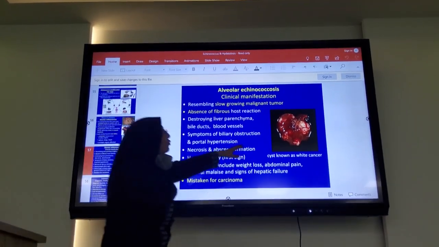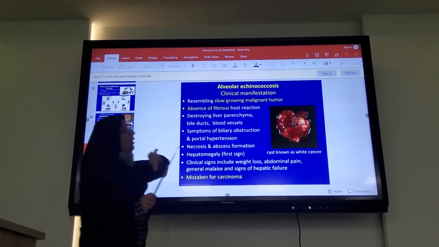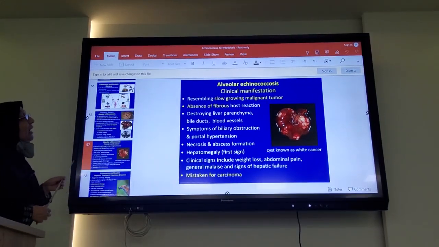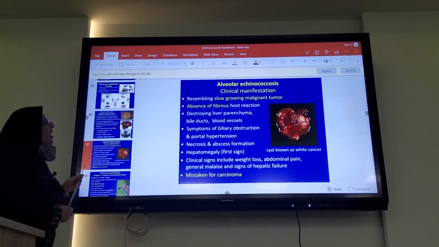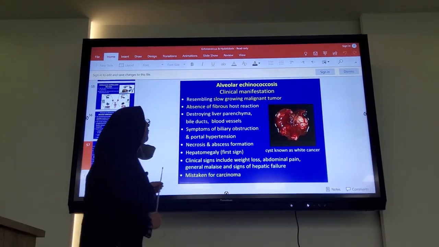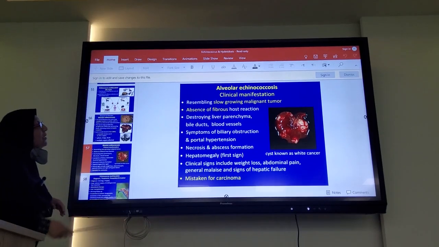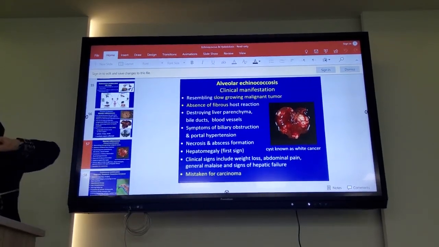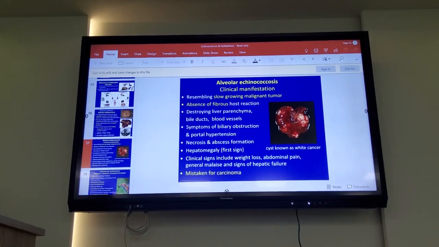Here I want to show you a liver that is highly damaged. That's the reason it is called white cancer. Most of the liver parenchyma is involved, and this parasite is even more dangerous than hydatidosis.